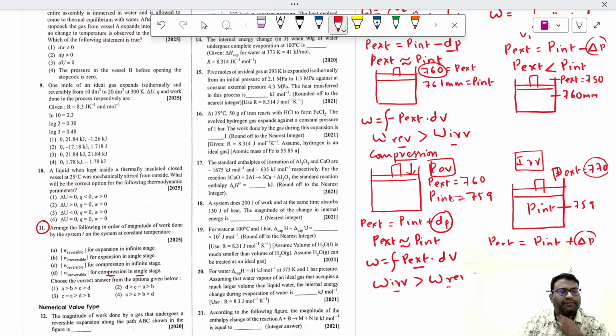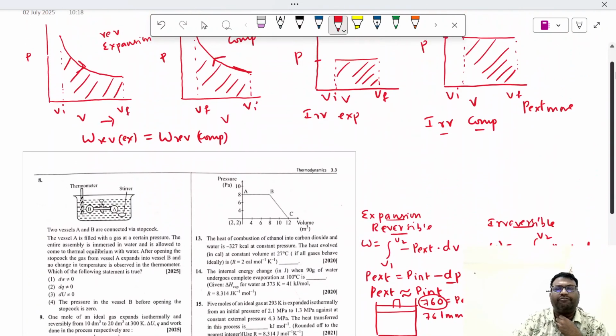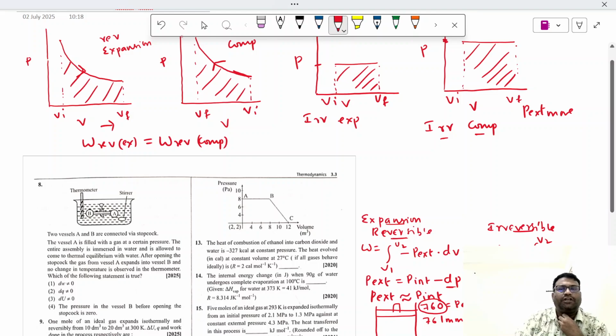So D will be greater than, if you see the area under the graph also, you can find D greater than, so these two, that means reversible process. Least will be irreversible expansion.